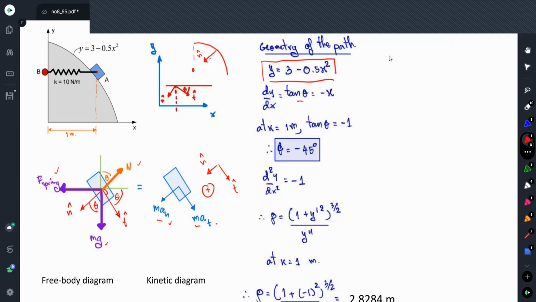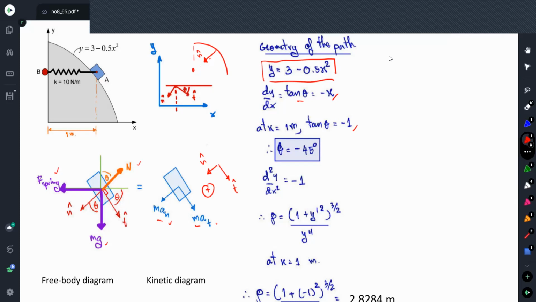Taking the derivative, we obtain minus x. When we substitute x equal to 1 meter, tan theta becomes minus 1, and then arctan of minus 1 is minus 45 degrees.